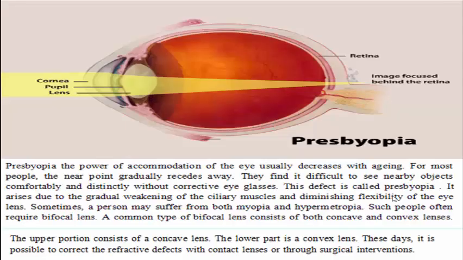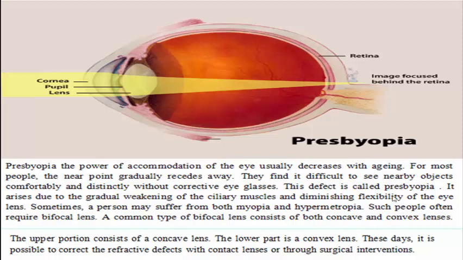The next refractive error in our eye is presbyopia. In presbyopia, the power of accommodation of the eye usually decreases with age. For most people, the near point gradually recedes away.